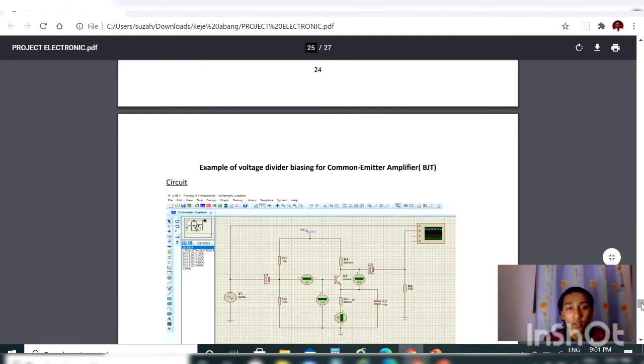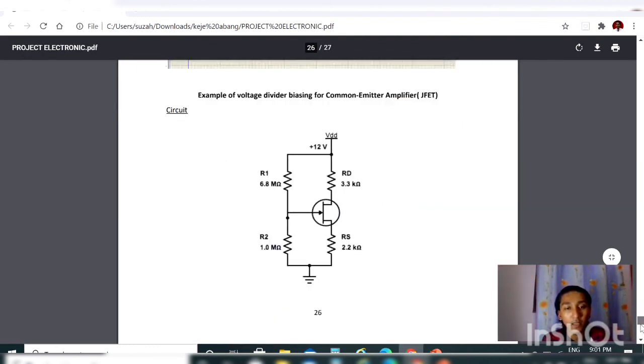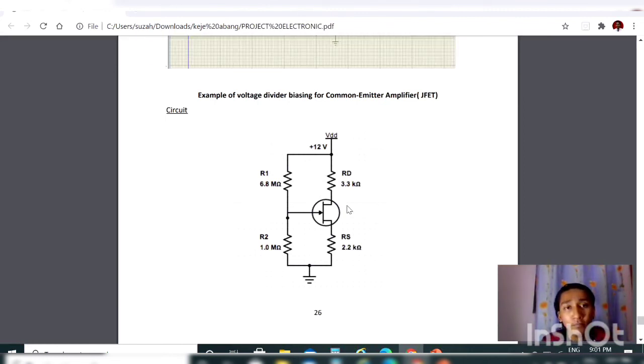Untuk mencari voltage divider biasing for common emitter amplifier. Ni adalah contoh litar JFET untuk mencari voltage divider biasing.